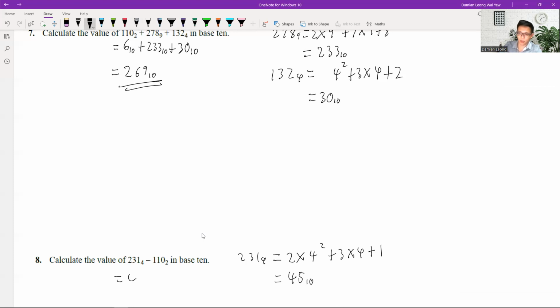So this is 45 in base 10 minus 6 in base 10, which is 39 in base 10.